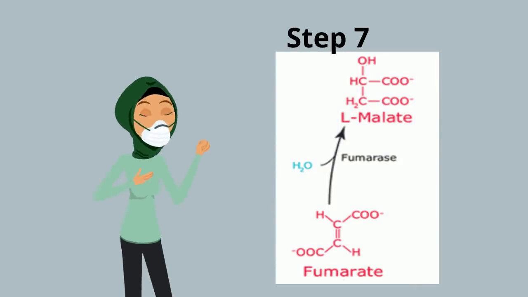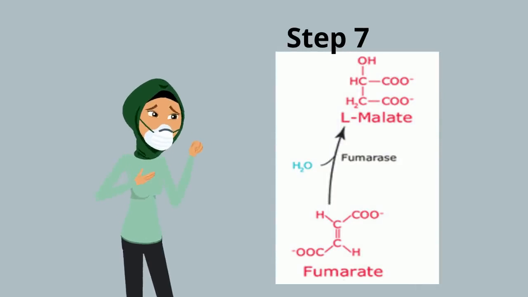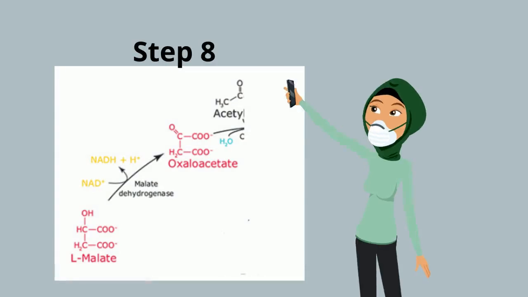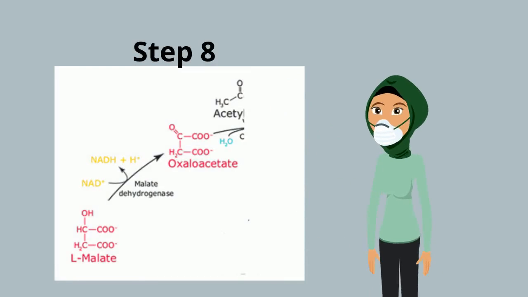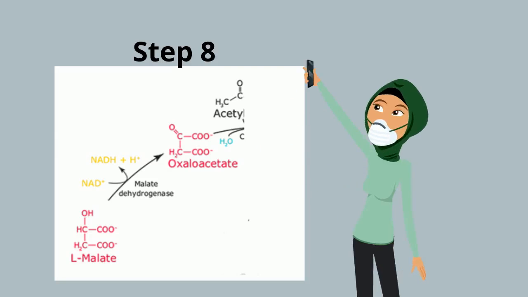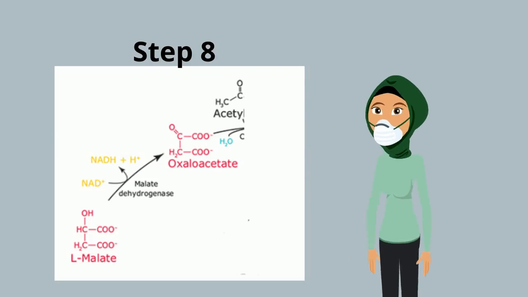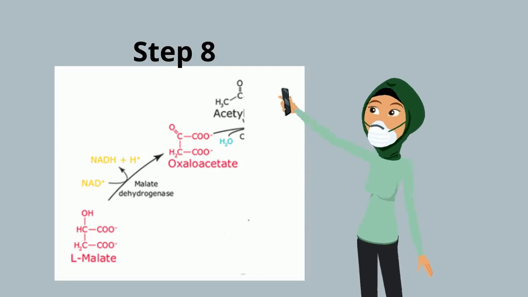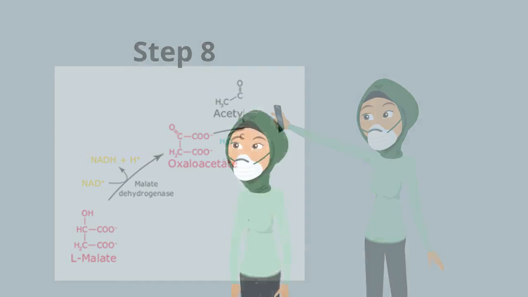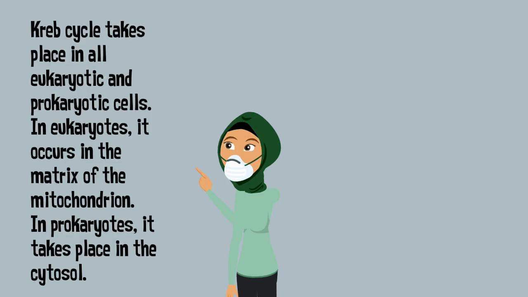After hydration, the fumarate is catalyzed by fumarase and transforms into malate. In the eighth step, malate to oxaloacetate is catalyzed by malate dehydrogenase. Hence, NAD+ is reduced to form NADH. As it reaches step 8, the cycle will repeat and repeat again. For your information, the Krebs cycle takes place in all eukaryotic and prokaryotic cells.